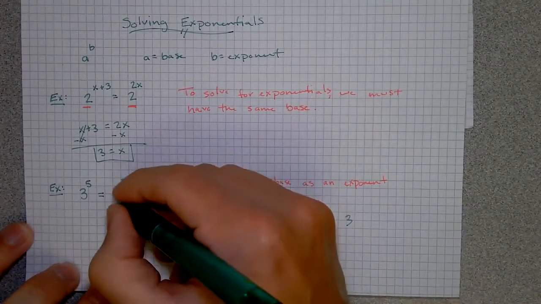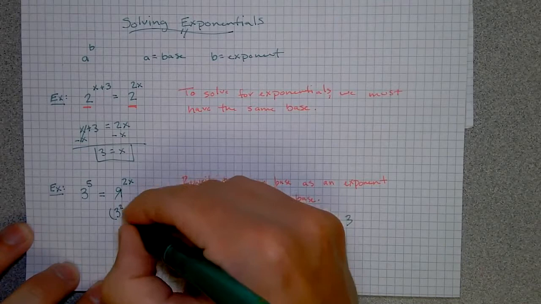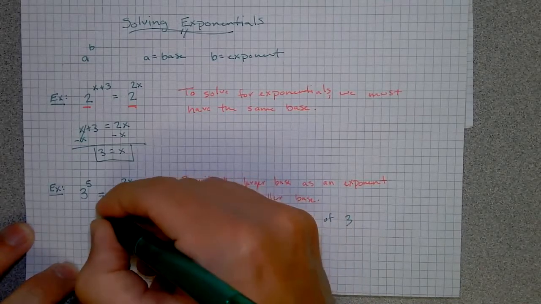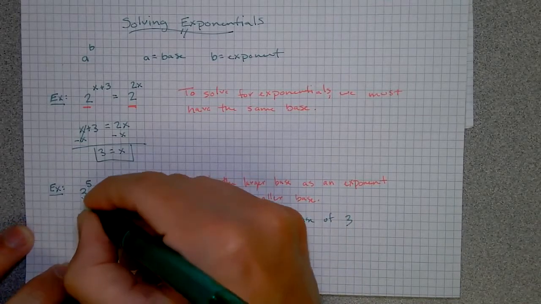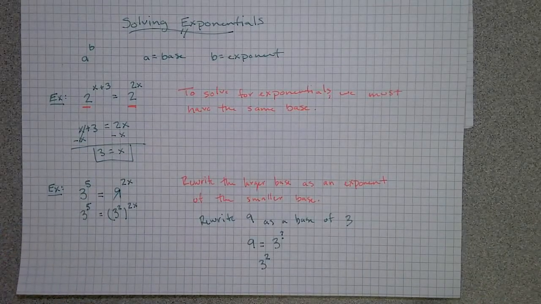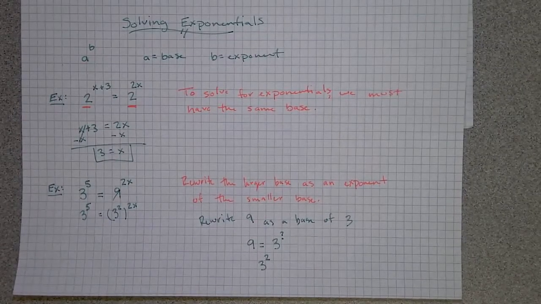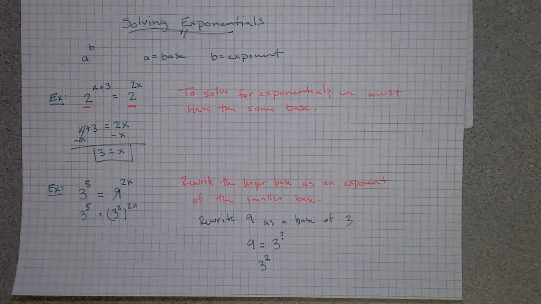So now we're going to replace this 9 with 3 squared. I'm not changing the values. It's still the same value. It's just written a different way so that I can solve these exponentials.